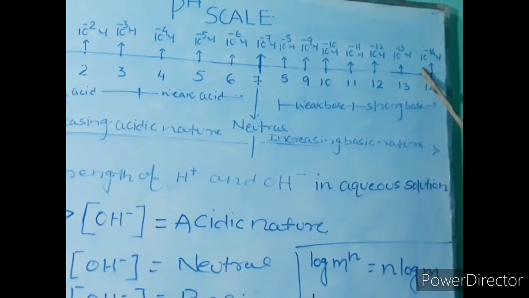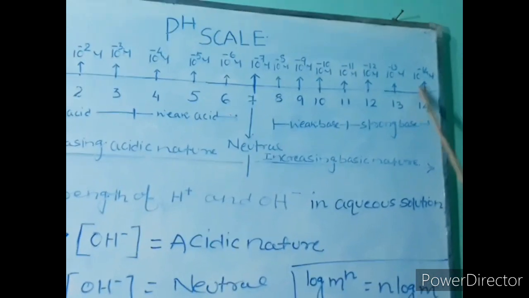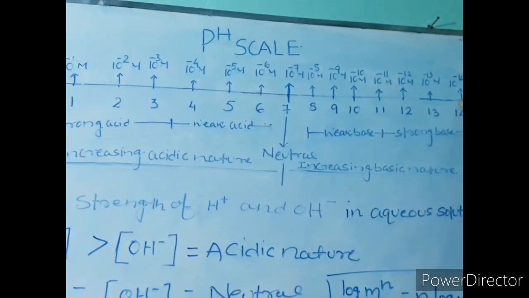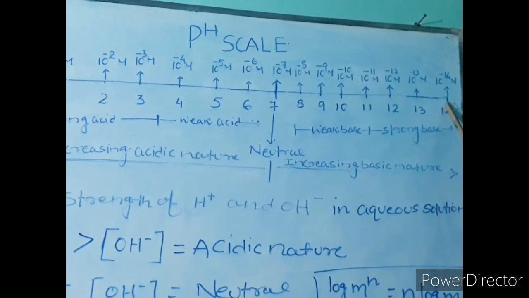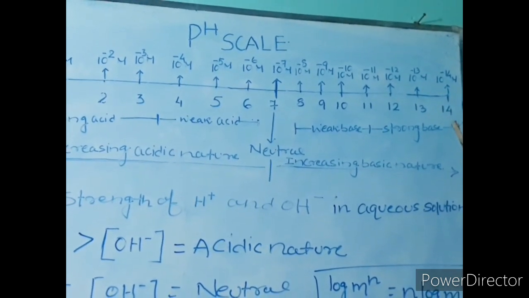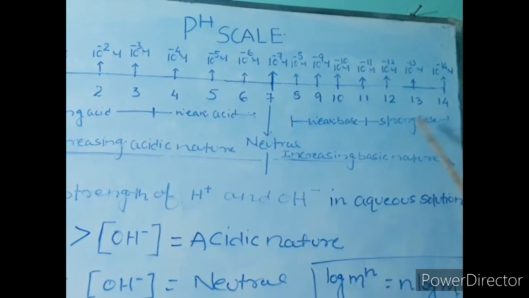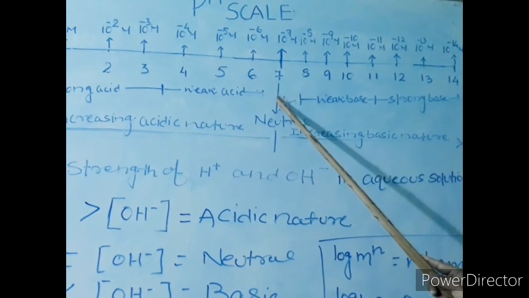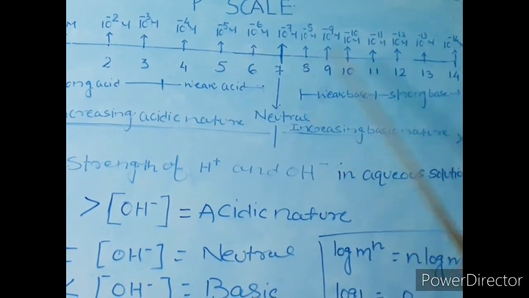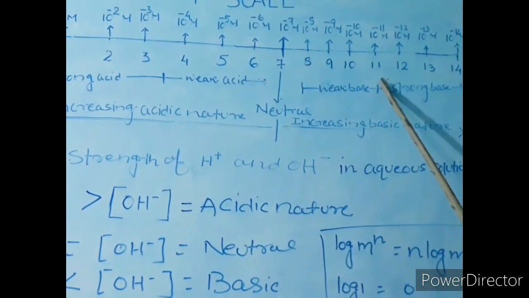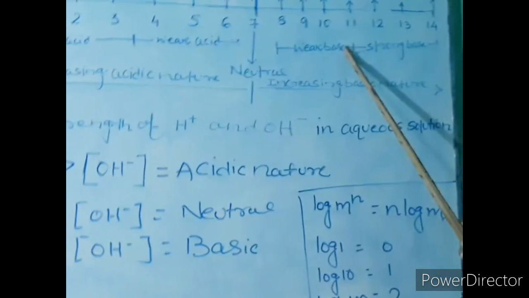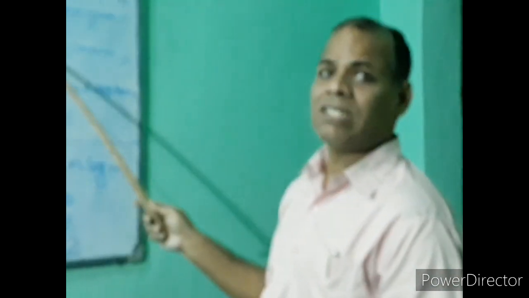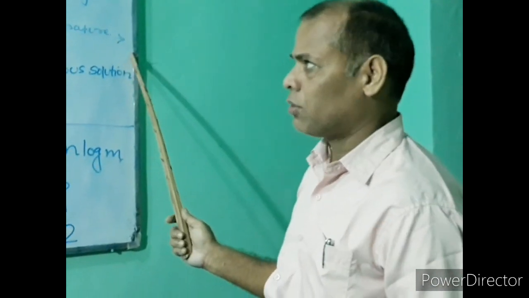Or if the concentration of hydrogen ion is 10 to the power minus 14 molarity, then that solution belongs to base. Their nature is basic. So when the pH of an aqueous solution is more than 7, that compound belongs to base, and its nature is basic.